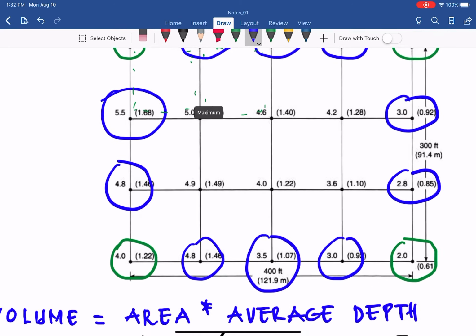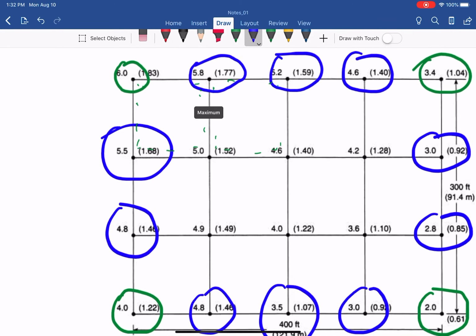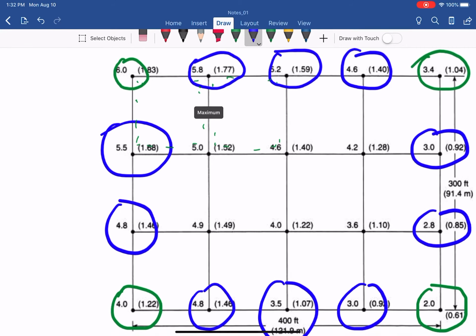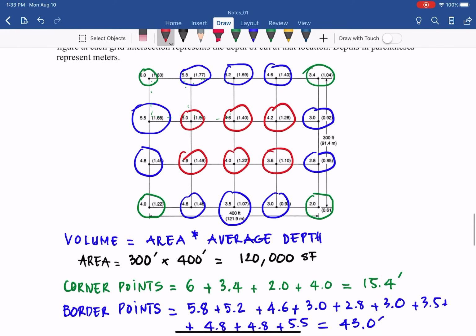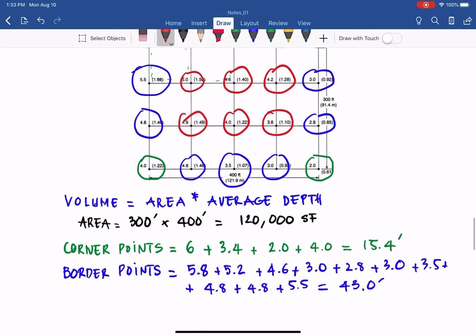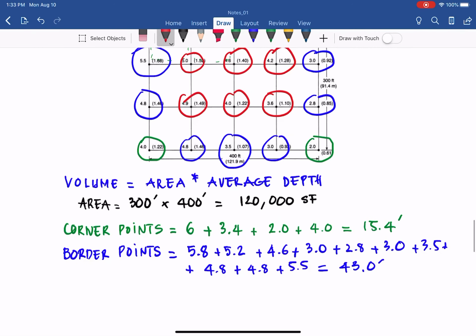And the last one is in the middle. As you can see, at this point here they have 4 corners, 4 corners for 4 rectangles here, and let me put that in red. So basically the grid divides and gets 3 different types of points: the borders, the corners, and then we also have interior points.